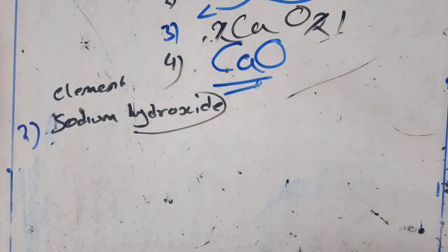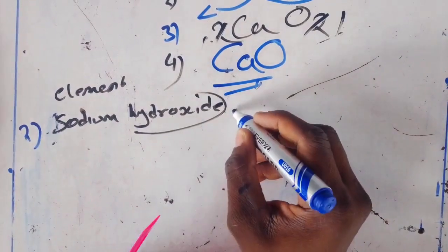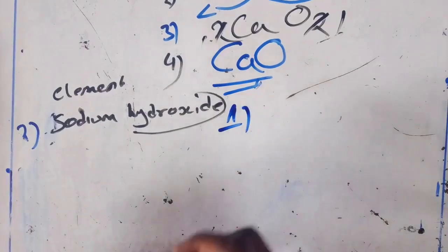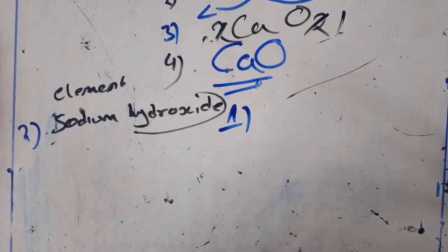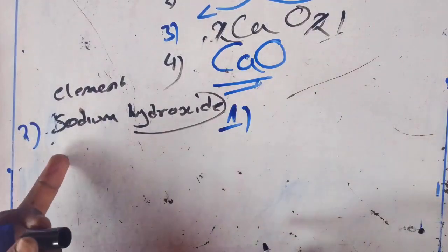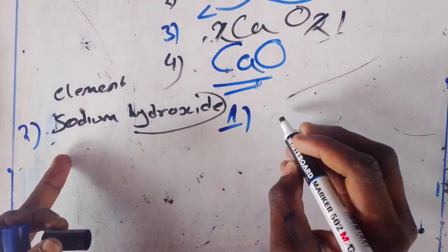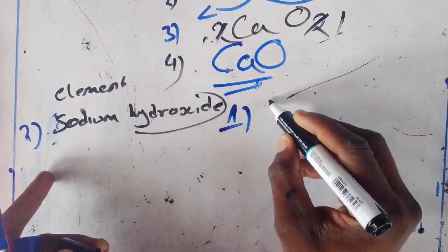So first step, remember the first step. So step 1, I'm going to write it here. I will highlight it. So this is step 1. On step 1, you write the symbol for the combining elements. So here we have sodium and hydroxide. So the symbol for sodium is Na.